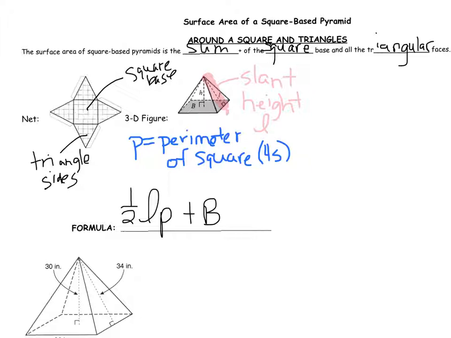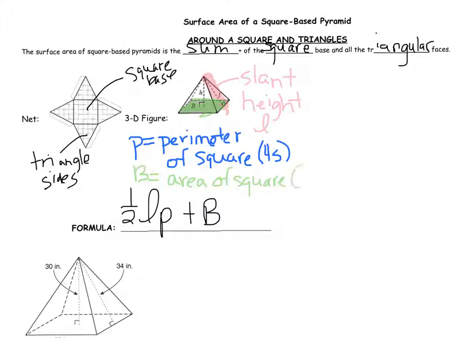And then the last thing that we want to look at is the capital B. Capital B, you're noticing, is all along the bottom of your pyramid, and it's shaded in. The reason that it's shaded in is because capital B stands for the area of the square.